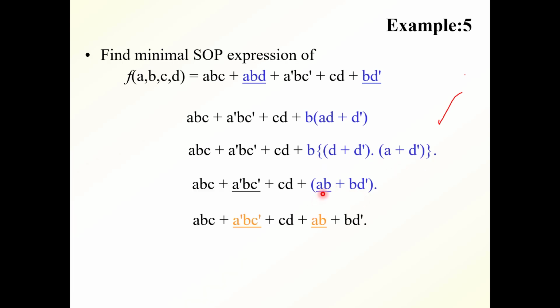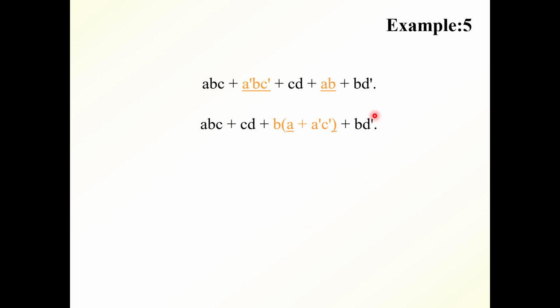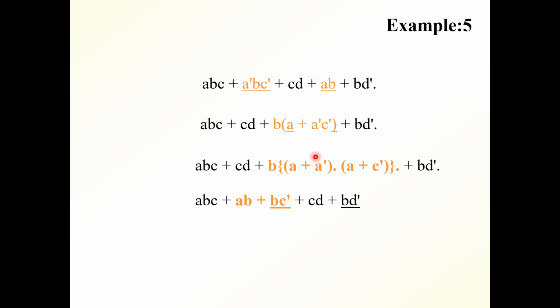Now if we take these two terms together, we take the B out of these two terms, we are left with this one. Now distribute the OR over the AND, we get this. And this part of the term is equal to 1. And we are left with AB, which is equal to this, or with B C bar.